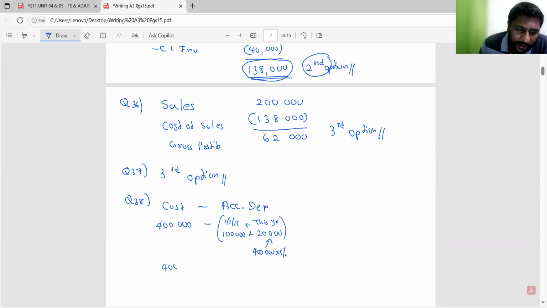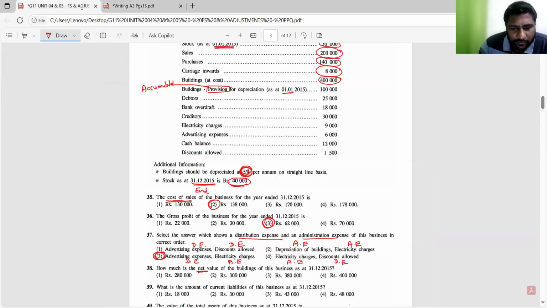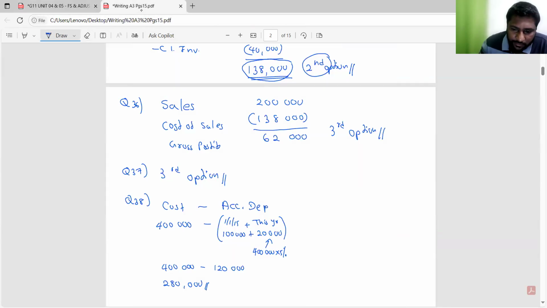Then 400,000 minus 120,000 is 280,000. Which option? It's there in the first option.